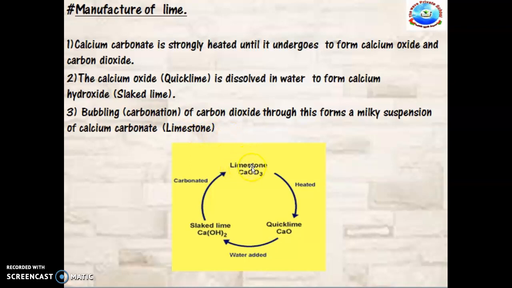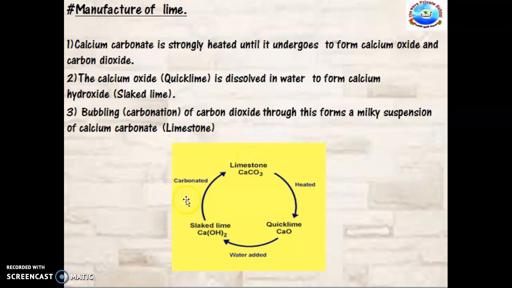So this is just a cycle of each other. When limestone is heated, it converts into quicklime. When we add water to quicklime, it is converted into slaked lime. And when we pass carbon dioxide into slaked lime, it gives you limestone.